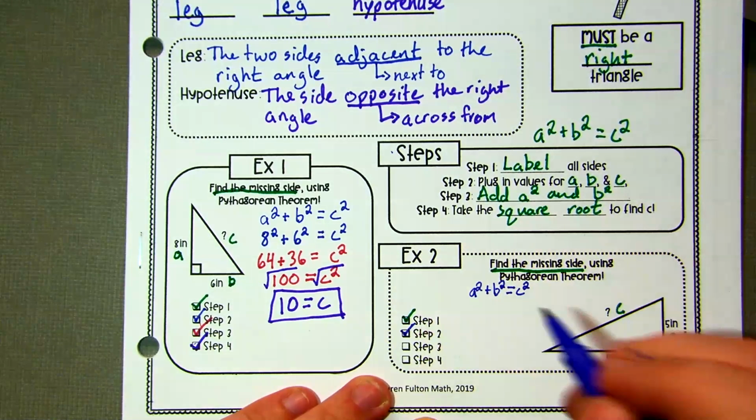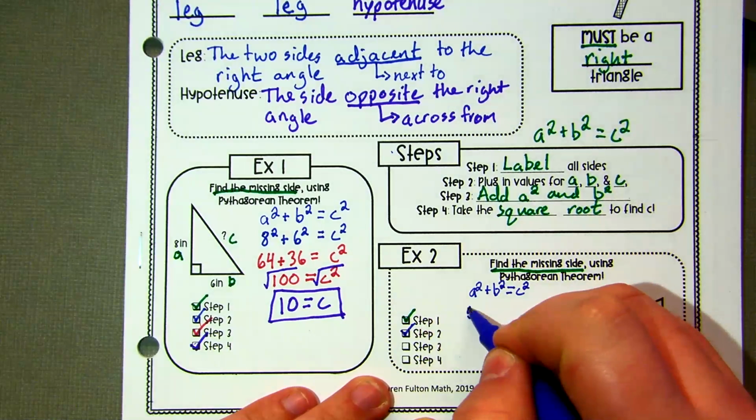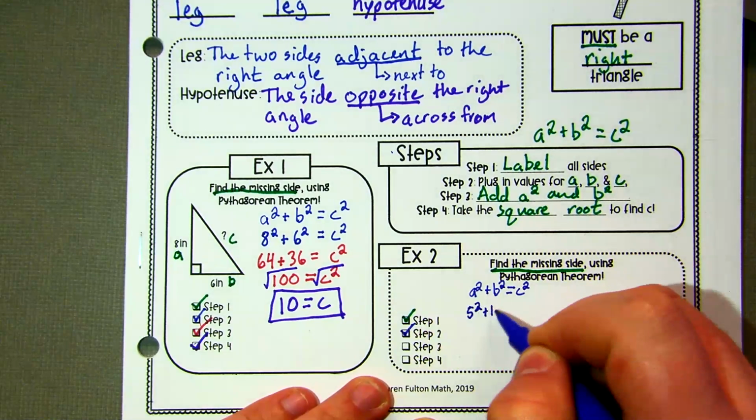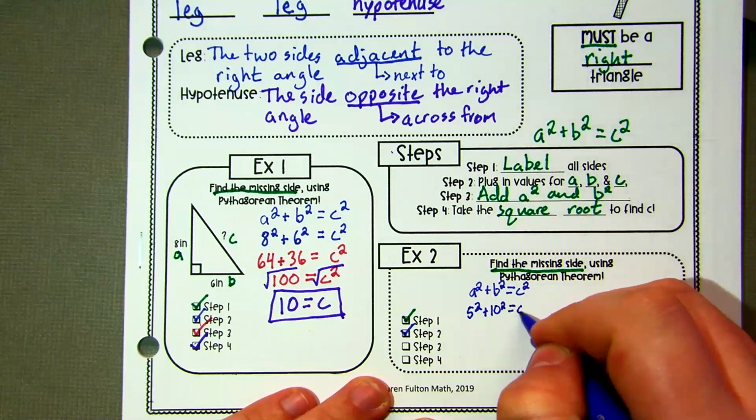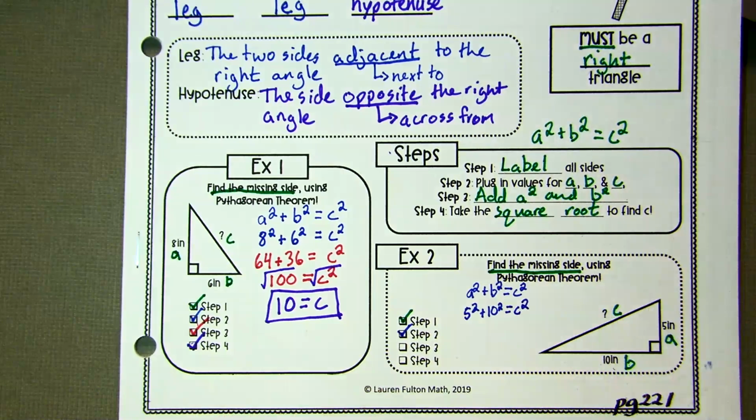And we plug in 5 squared plus 10 squared equals c squared. In the chat, message me what 5 squared is and message me what 10 squared is in that order.